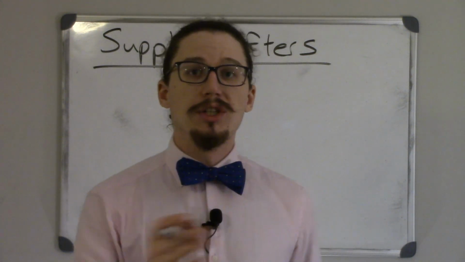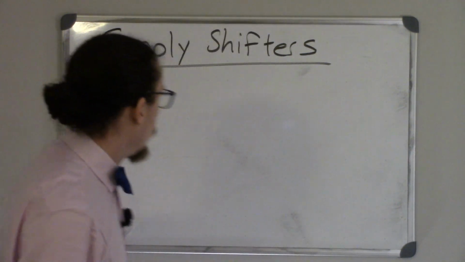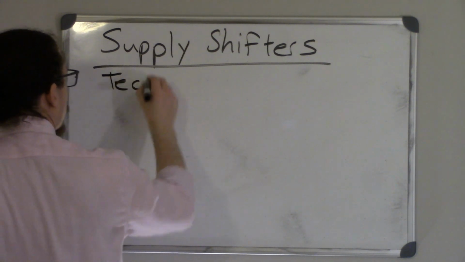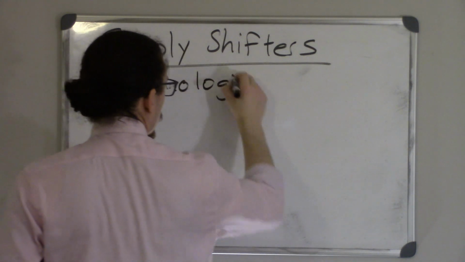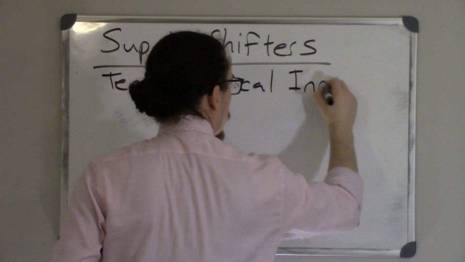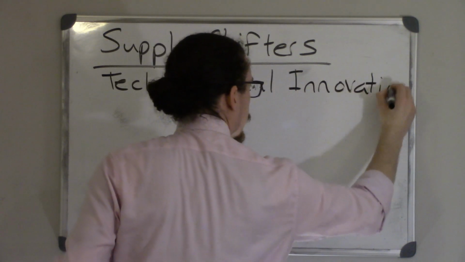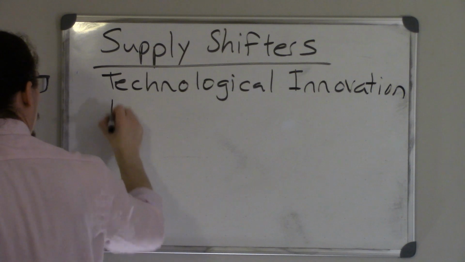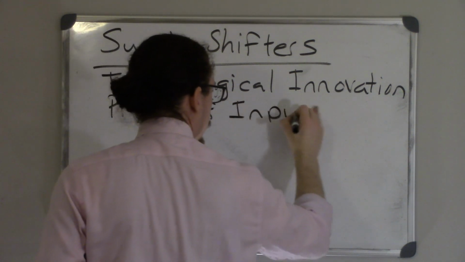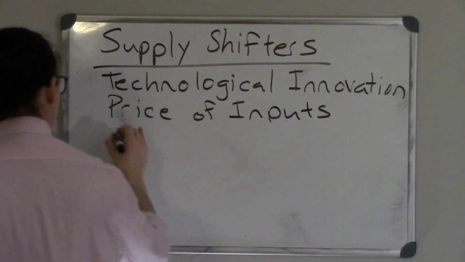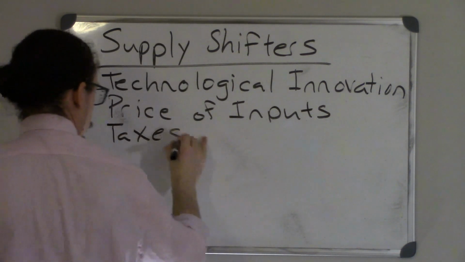These are the things that are going to cause our supply curve to shift to the left and to the right. I'm just going to quickly write these down, and then we will briefly discuss them, but we will look at these in different videos.